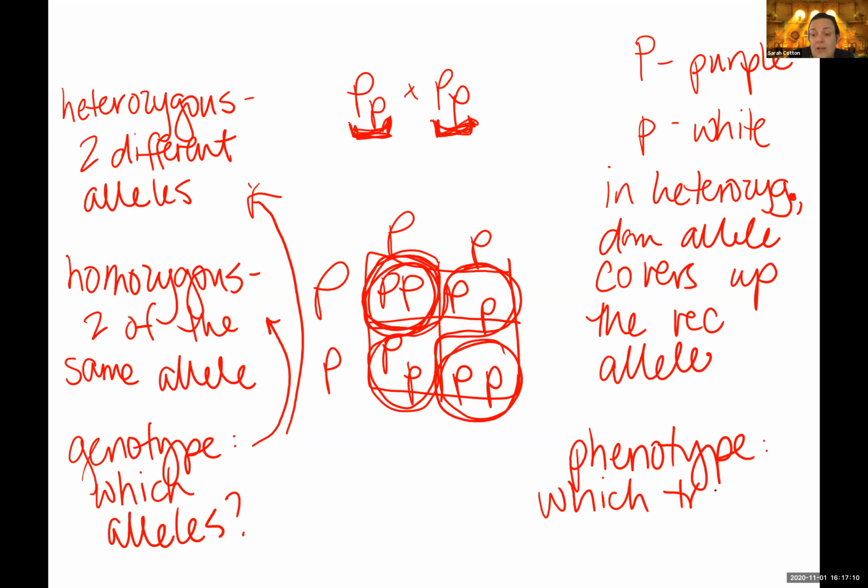Which trait is expressed. Now, the way that people often, including myself, talk about this is we say, what do you see? Well, just keep in mind that not all characteristics are visual, right? So in this particular example, it is visual, right? This plant either has, I can see it either has a purple flower or has a white flower, so it's visual, right?